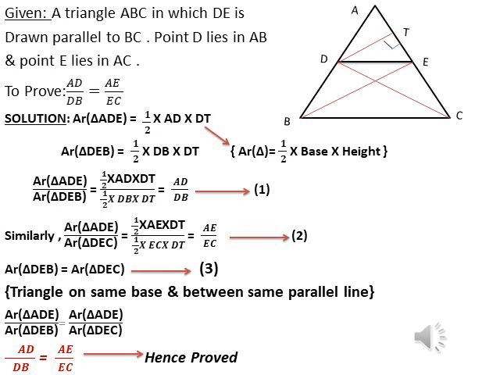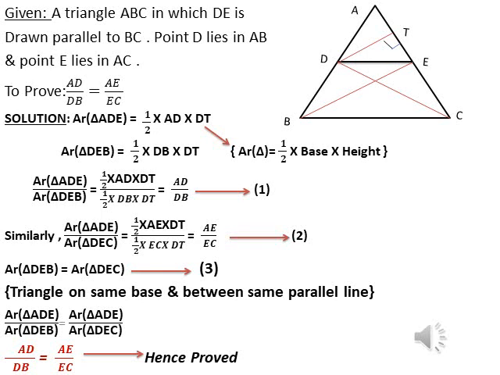Now similarly we have to consider the first and third triangles, that is ADE and DEC. In the same way we are going to write area of triangle ADE upon area of triangle DEC, that is the third triangle, equals half, base I will consider as AE, and height is the same DT.